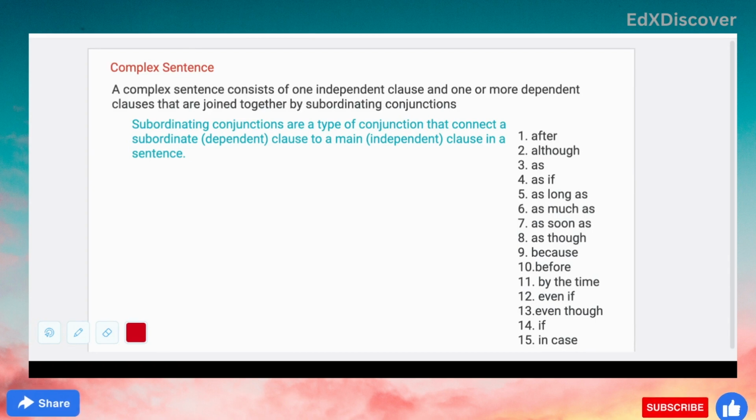These are usually used to connect a subordinate clause to a main clause in a sentence. This is very important in sentence structure as they help to create complex sentences, which add variety and depth to writing. By using these subordinating conjunctions, writers can combine ideas and create more complex relationships between clauses and express more complex thoughts.